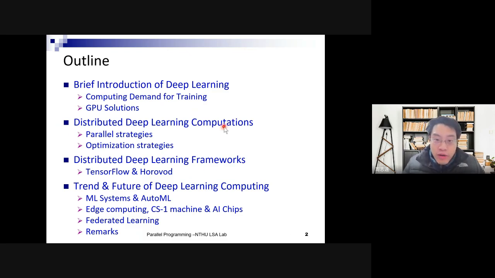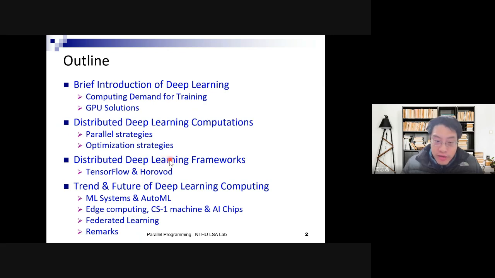So we will cover a little bit how GPU supports deep learning, how you can do distributed deep learning for training your model, and how those frameworks provide distributed computing.